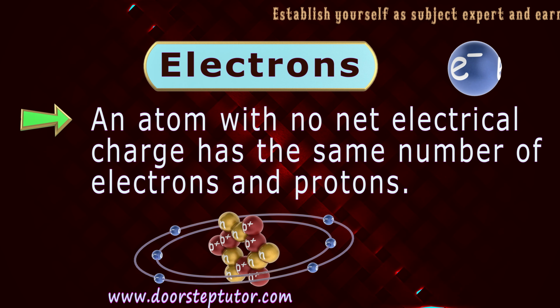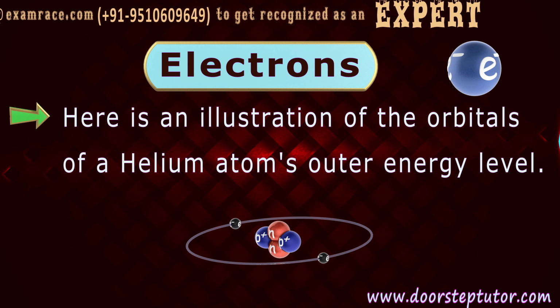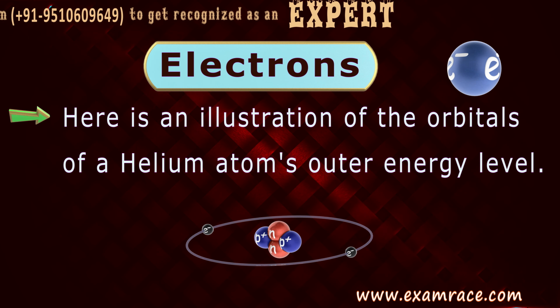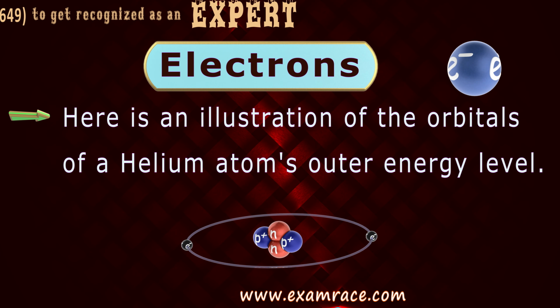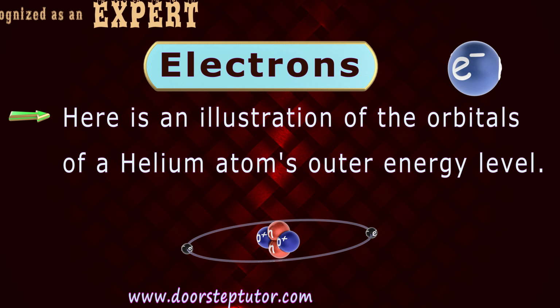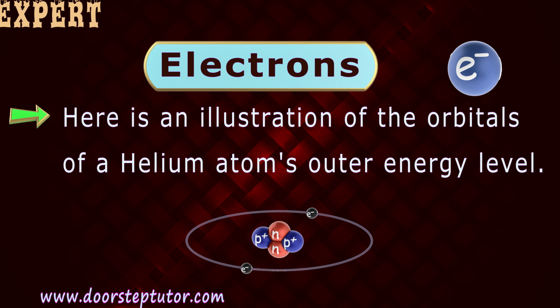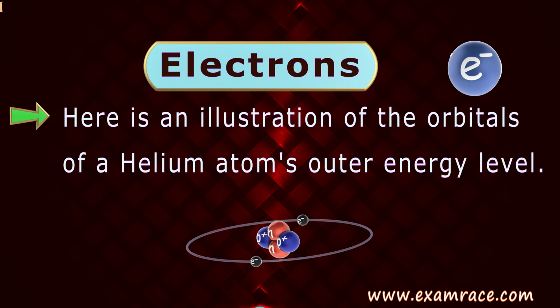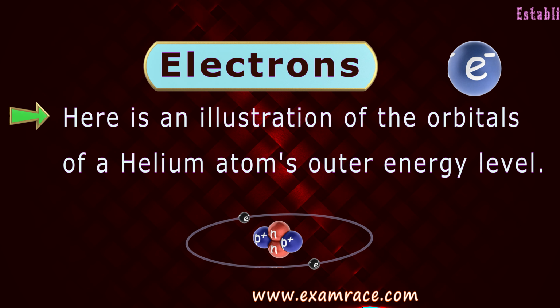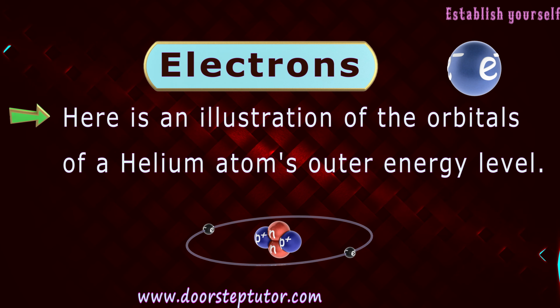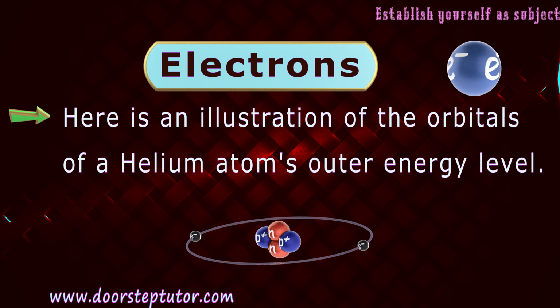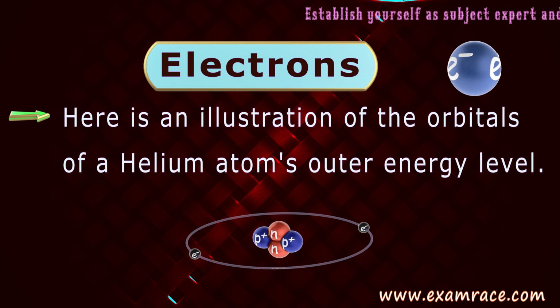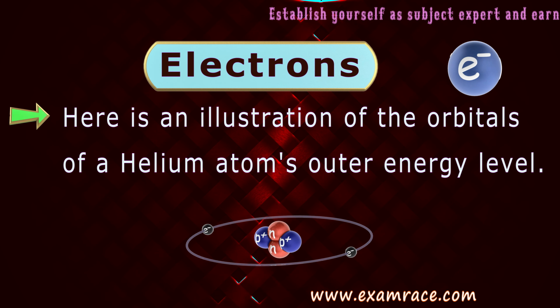In the next slide I have shown you an illustration of the orbital of the helium atom. Here you can see some red and blue balls. Blue balls you can consider as protons and red balls as neutrons, and the black balls revolving around the nucleus are the electrons. The nucleus means the combined form of protons and neutrons. So the helium atom has two electrons, two protons and two neutrons.